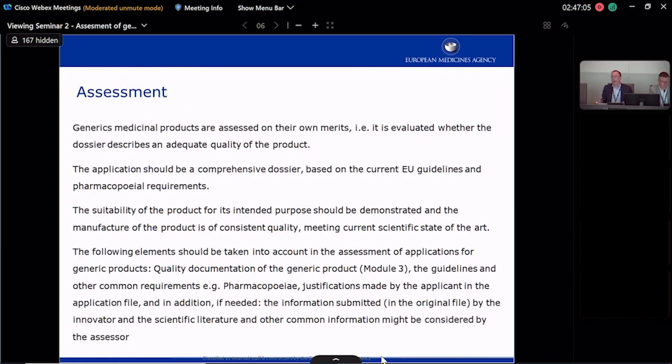Then, as you can imagine, generic medicinal products are assessed on their own merits. It is evaluated whether the dossier describes adequate quality of the product. The application should be a comprehensive dossier based on the current EU guidelines and pharmacopoeia requirements.